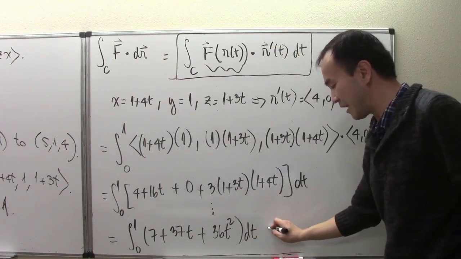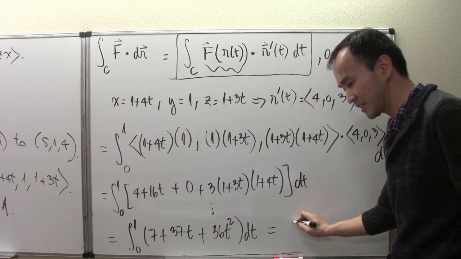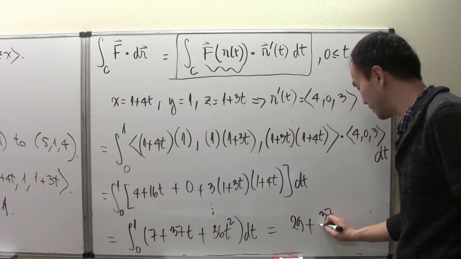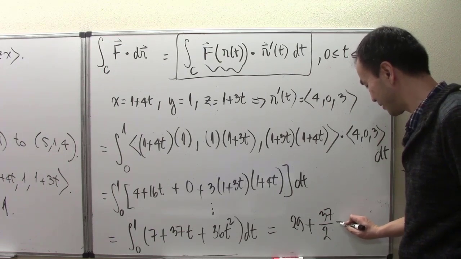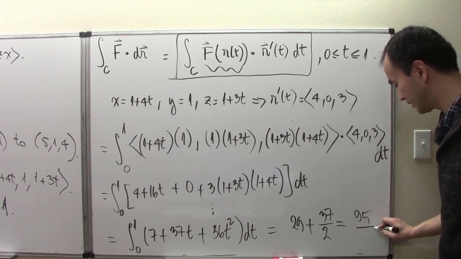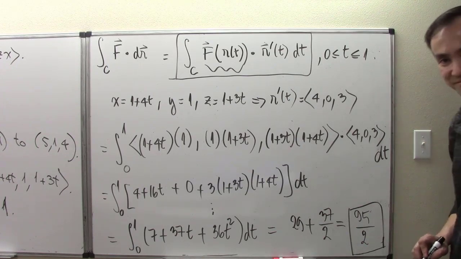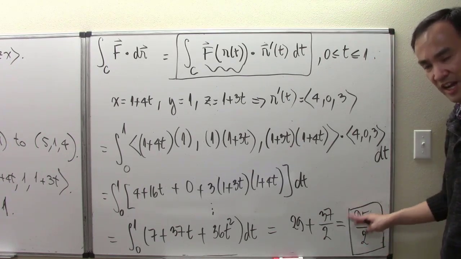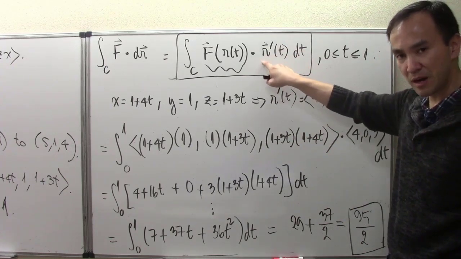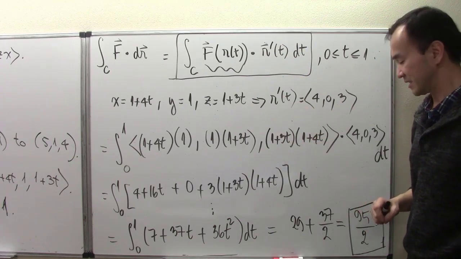With this integral, our final answer is going to be 29 plus 37 over 2, and altogether, 95 over 2. That's our final answer. So we've learned how to calculate a line integral for a vector field, and this form is the primary form we need to do it as a usual integral problem.